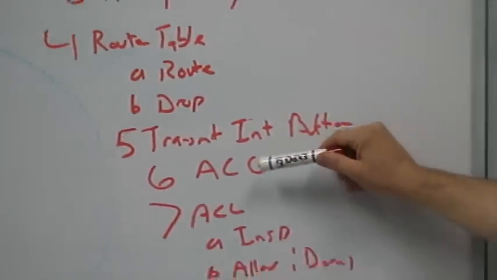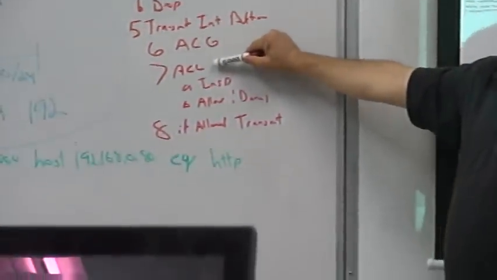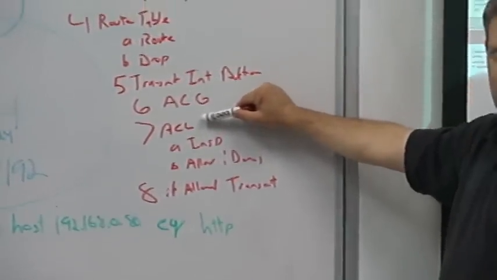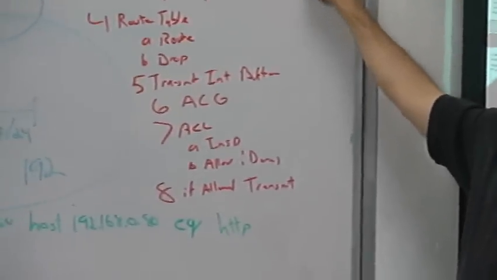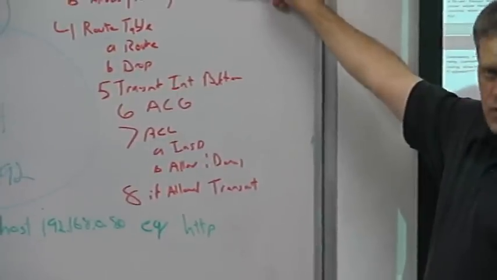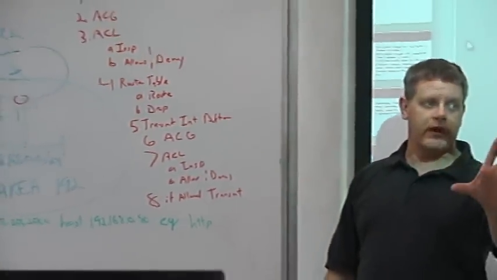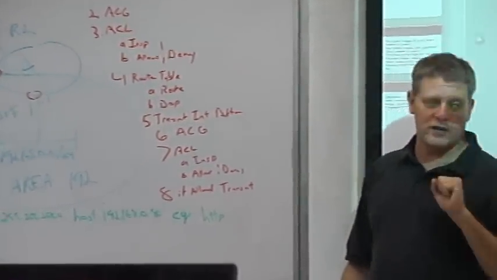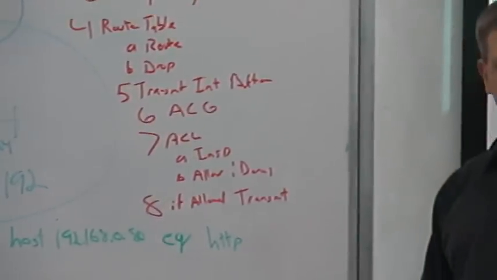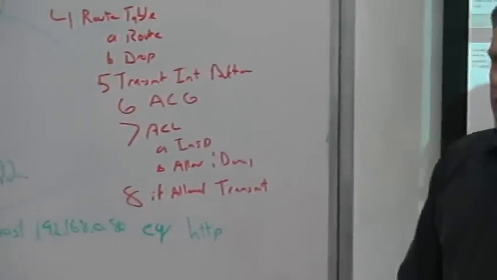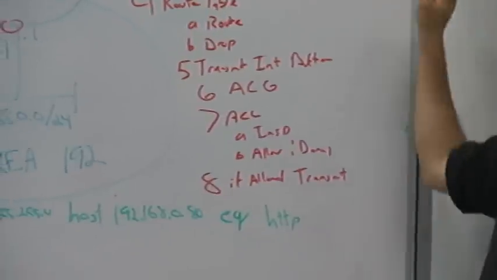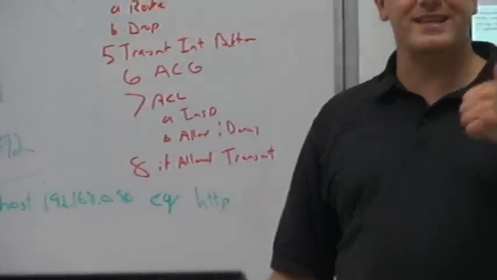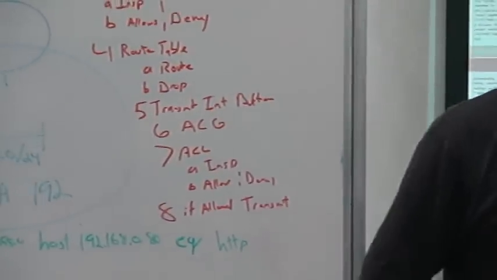But if one exists, it then looks up that exit, that egress access list, and it goes through the same process until it's matched. If it's matched, great. It gets put to the transmit buffer and gets shipped out that interface. If it doesn't get matched, it gets dropped. If it goes all the way through the access list in either step, there's an implicit deny at the end of an access list.